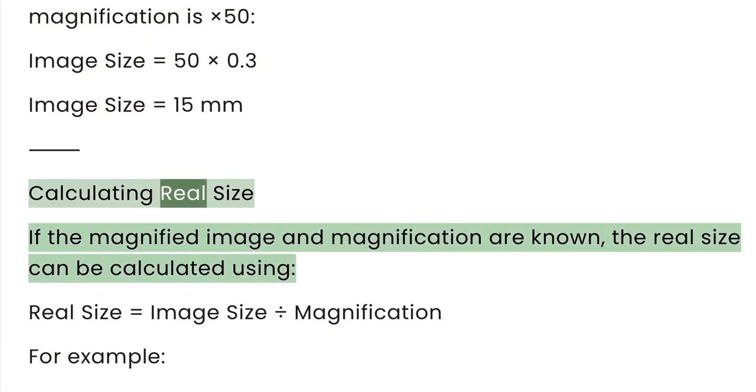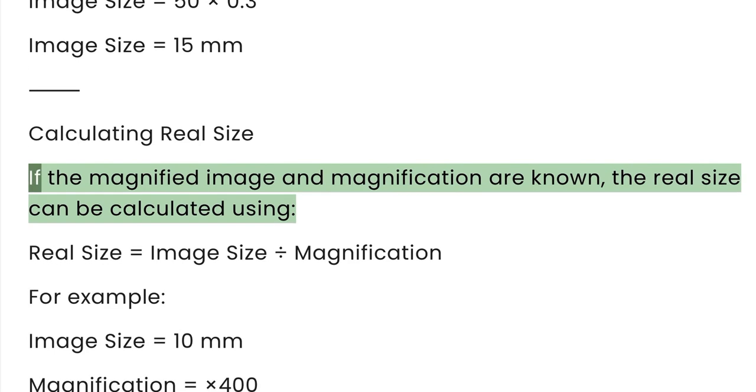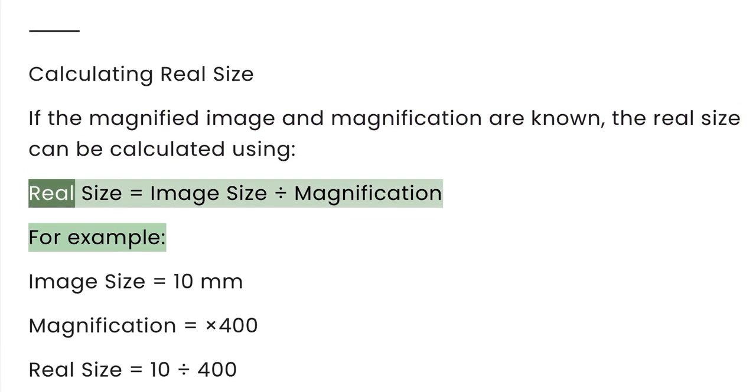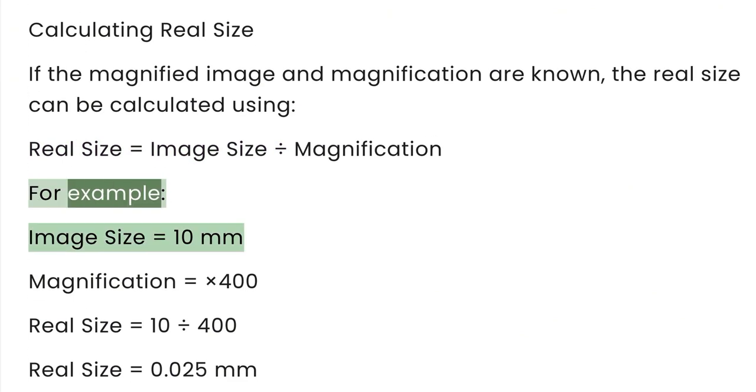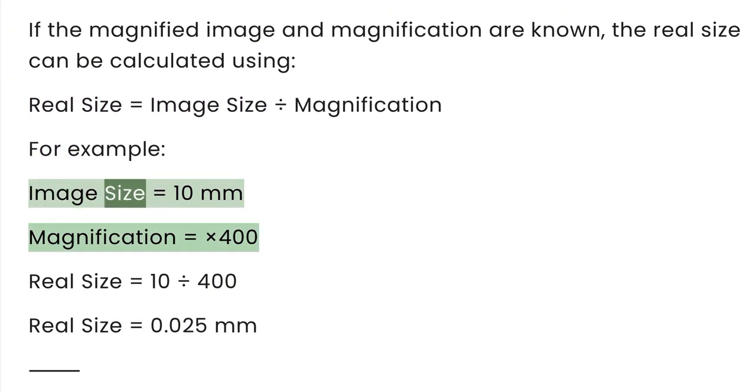Calculating real size. If the magnified image and magnification are known, the real size can be calculated using real size equals image size divided by magnification. For example, image size equals 10 millimeters.